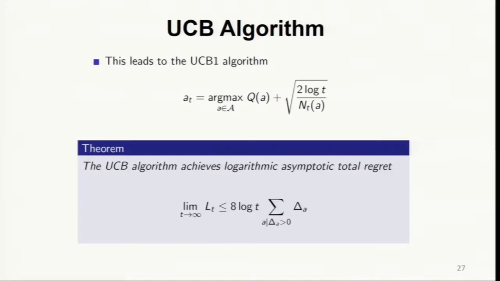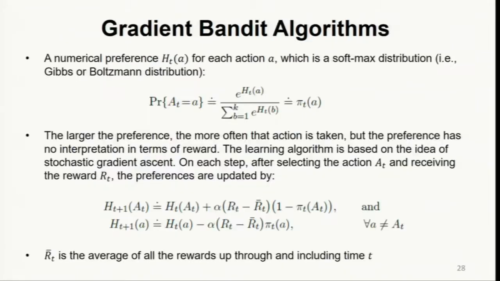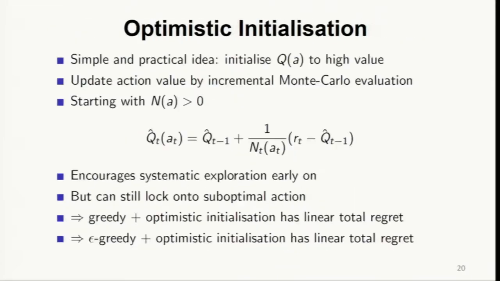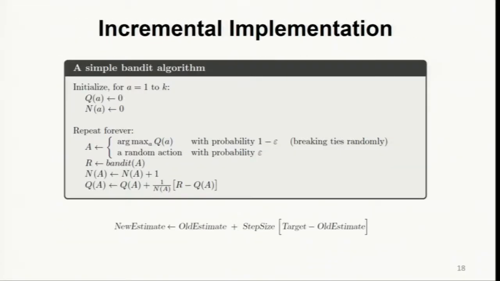Uncertainty is large. If this count is large, that means uncertainty is small. In this way, you are balancing between the average and the uncertainty. In this algorithm, what you do is replace QA with QA plus the square root of 2 log t over NTA. Then this will be the UCB algorithm.